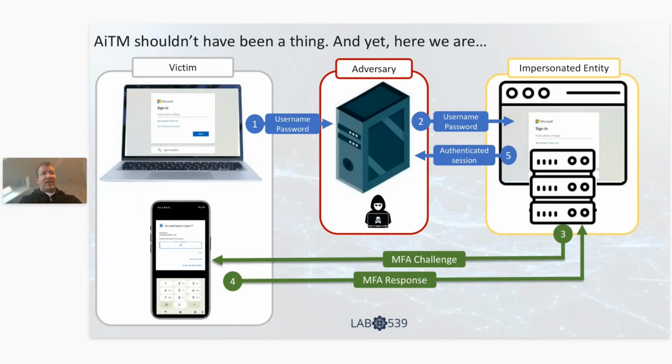And whilst those credentials might well be being captured, the key thing here is that they're being proxied through the adversary's infrastructure to the site that's being impersonated. So in this case, we're using Microsoft. So Microsoft login page. And that's all happening in real time.